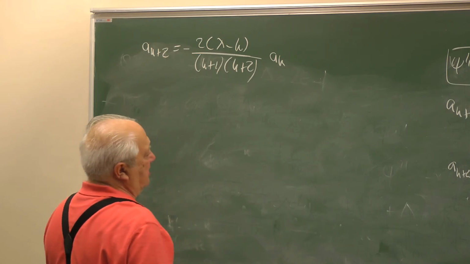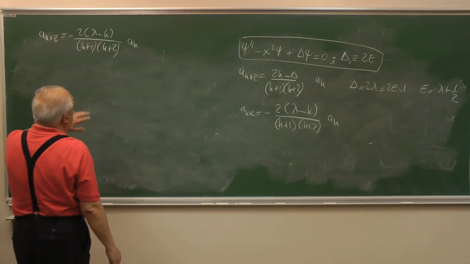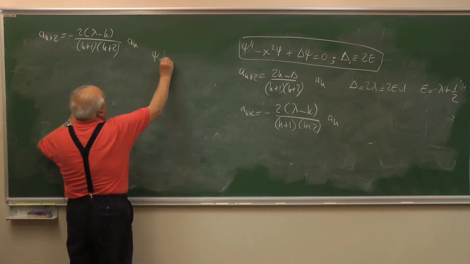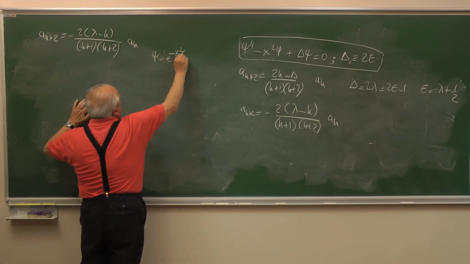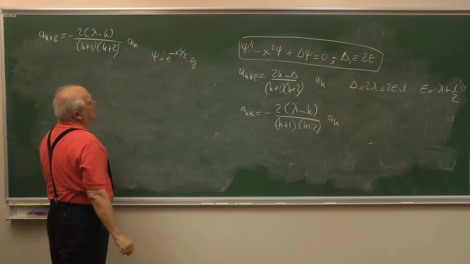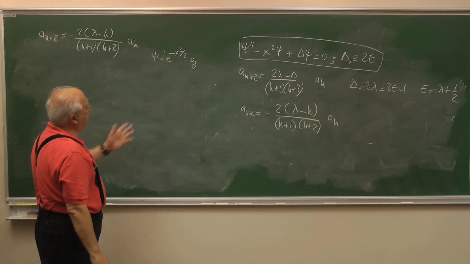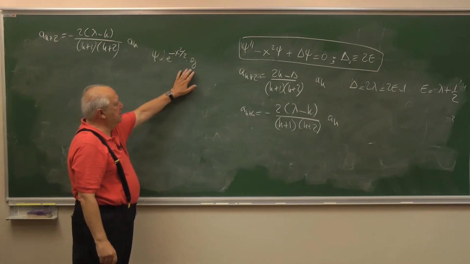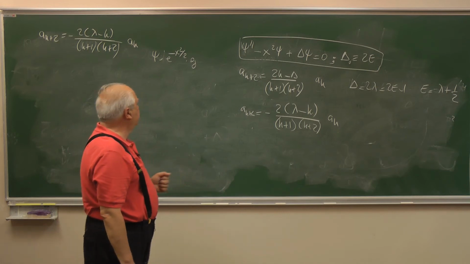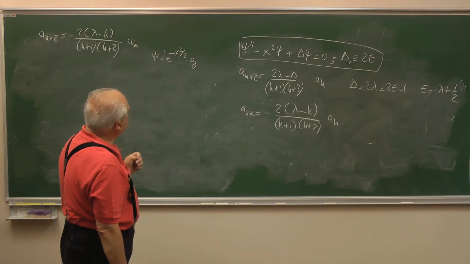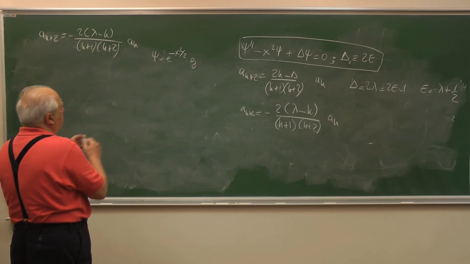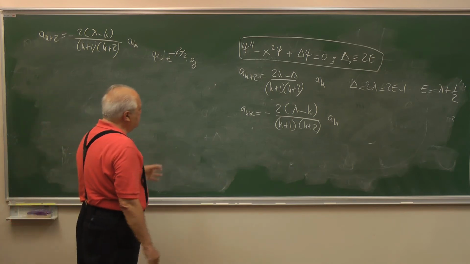Now, let us see what happened. We had psi equal to e to the minus x squared over 2 times g of x. And we had the differential equation for g. This differential equation was well behaved around the origin, so we expanded g as a Taylor series and put it into the equation that defines g.